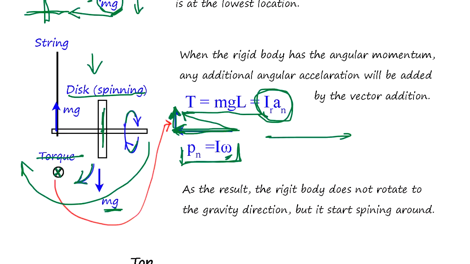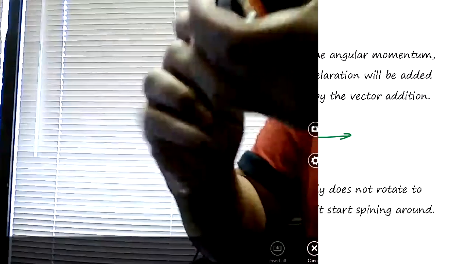Okay, so I'll show you this in the video. The spinning vector plus the acceleration vector is going to move the whole thing around. We're going to give it an angular momentum. 1, 2, 3.